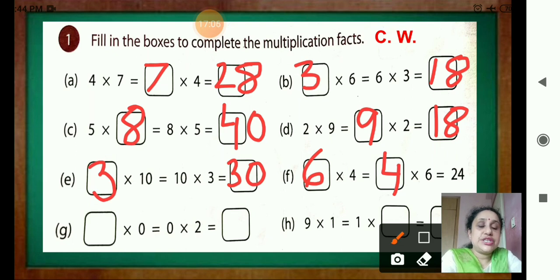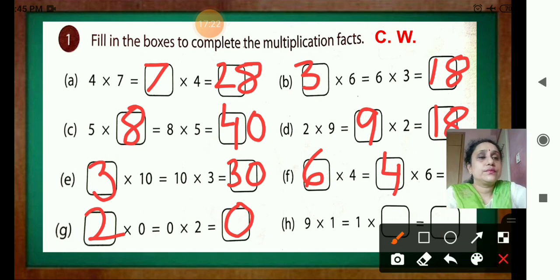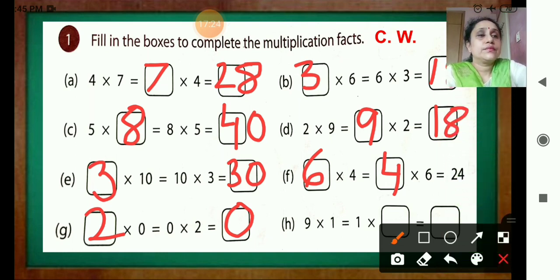Now come to G. Multiplied by 0 equal to 0, multiplied by 2 equal to, so you have to write here 2 zeros are, and 0 twos are 0. Okay. Now 9 ones are equal to 1, here you will write 9. 1 multiplied by 9 is 9.